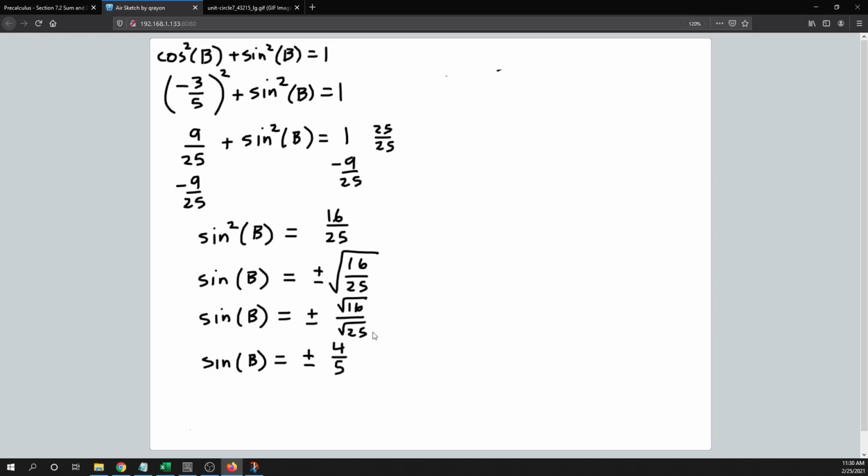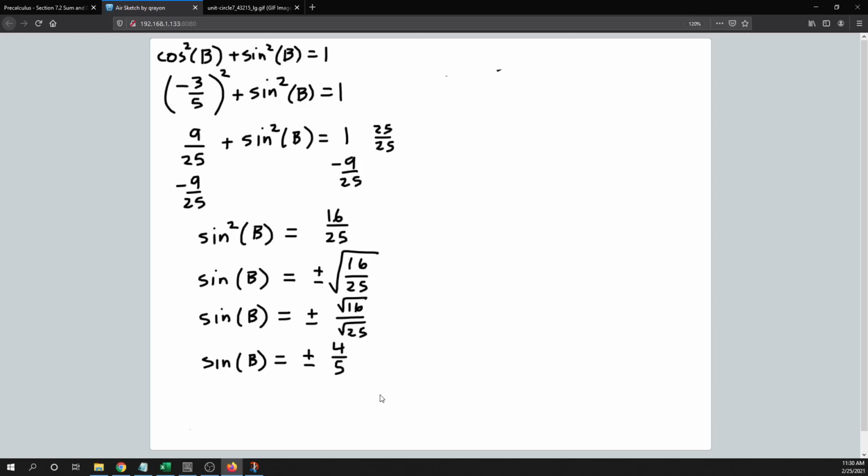The square root of 16 is positive 4, and the square root of 25 is 5. So we have, again, two possibilities for the sine of B, and so we have to make the decision. Which one do we choose?